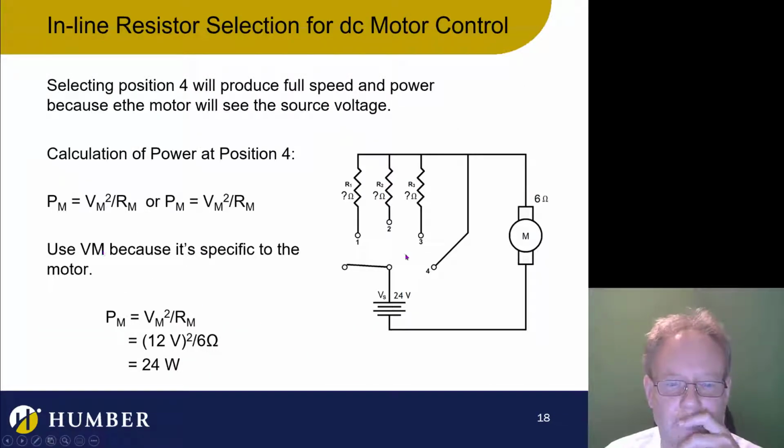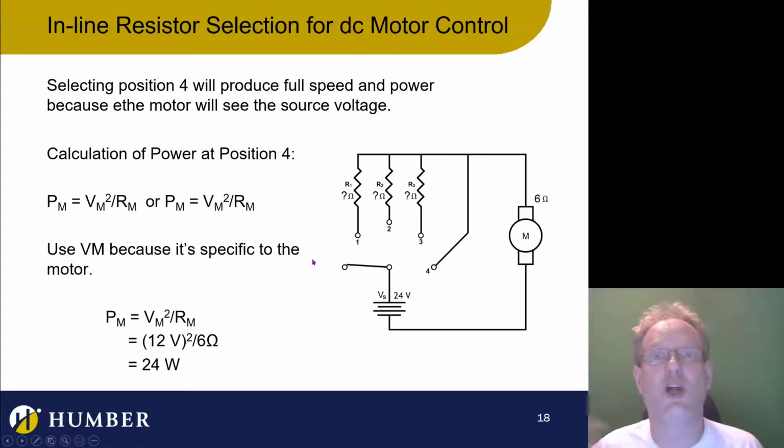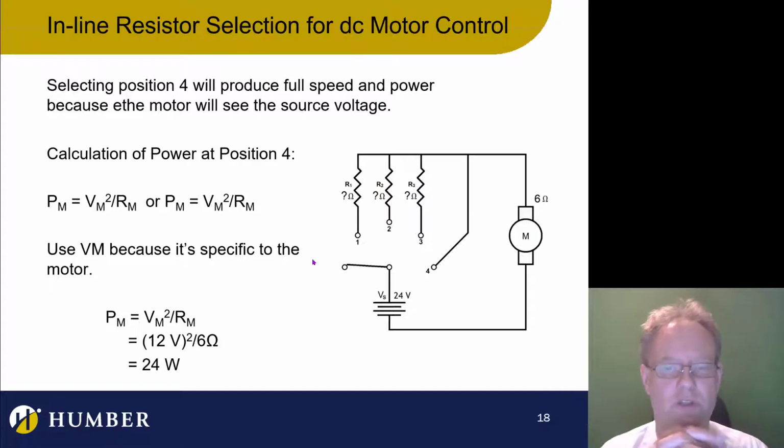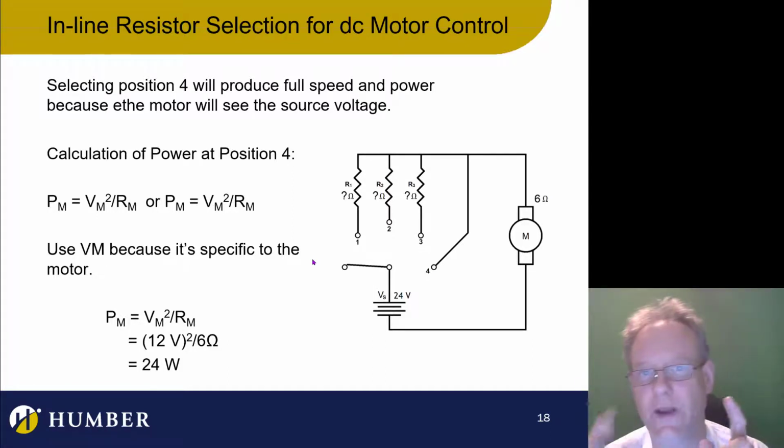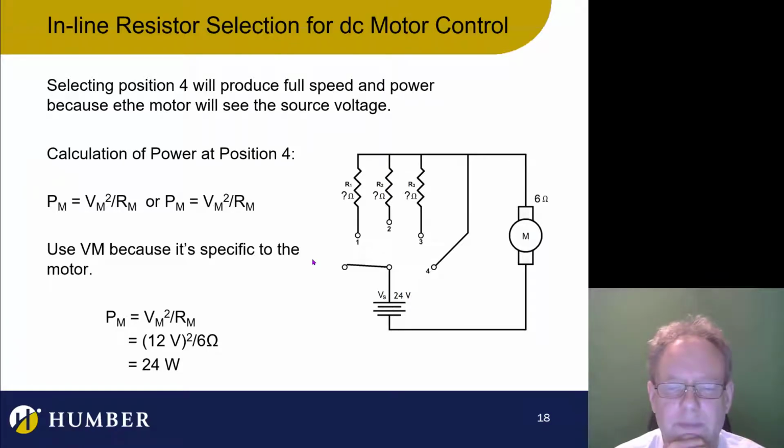Now, this is a different circuit. In this case, we're going to slow the motor down. Okay, good. So position 1 is the slowest. Or no, we're going to speed it up. As we rotate it to the right, we'll speed it up. Position 1 is the slowest, and then from there it goes more and more. So we know that the motor is 24 watts.